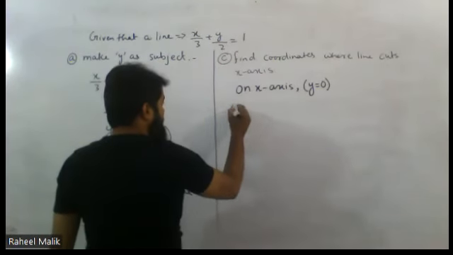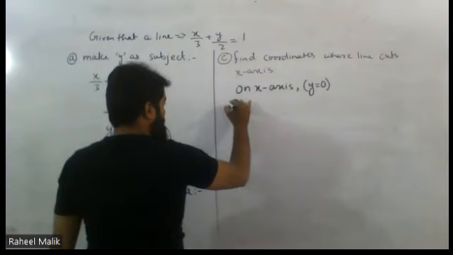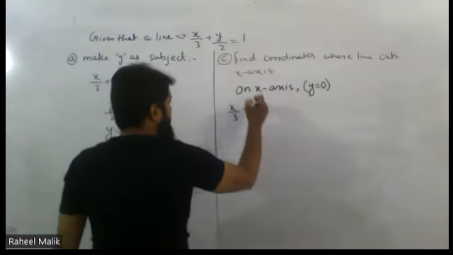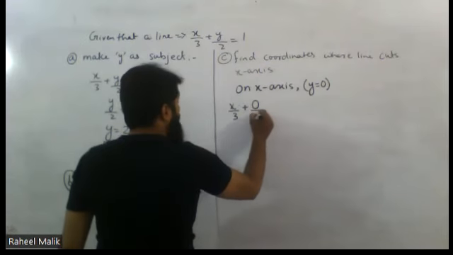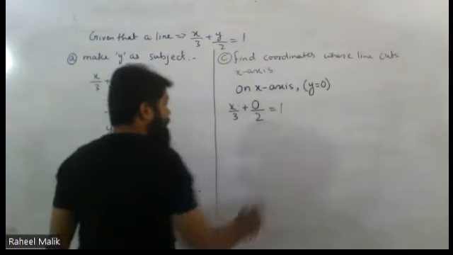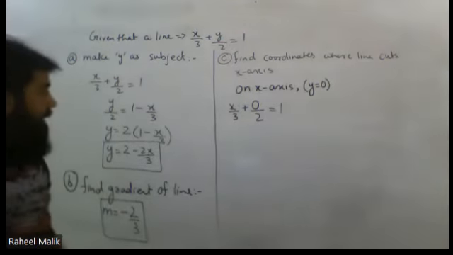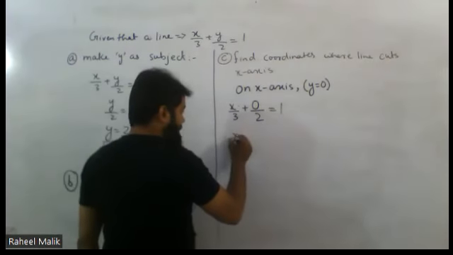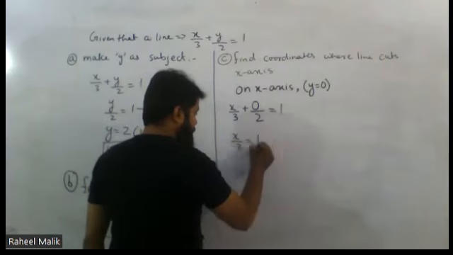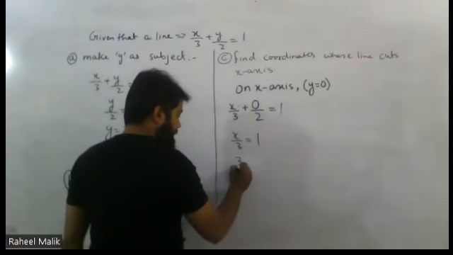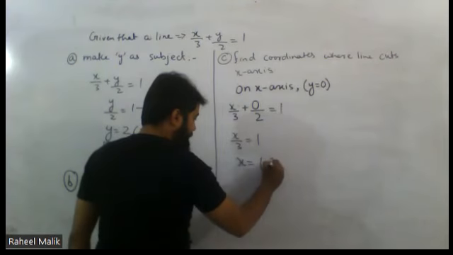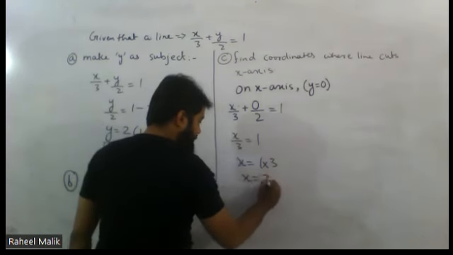So x over 3 plus, in place of y, 0 over 2 equals 1. 0 divided by anything will be 0. So x over 3 equals 1. 3 shifted over here. x equals 1 times 3. x equals 3.